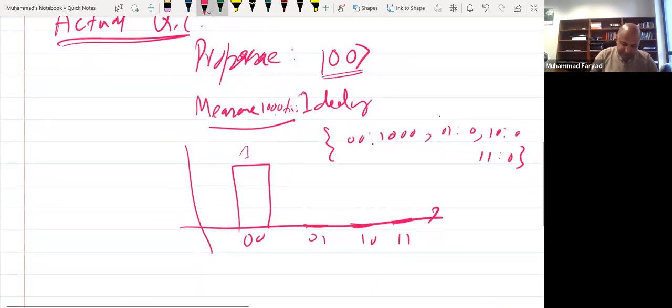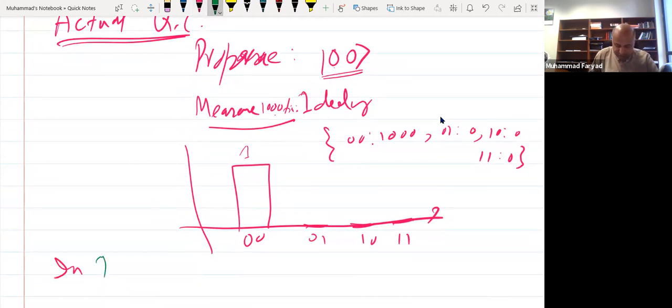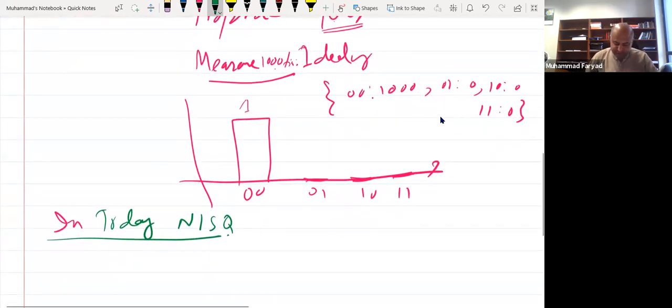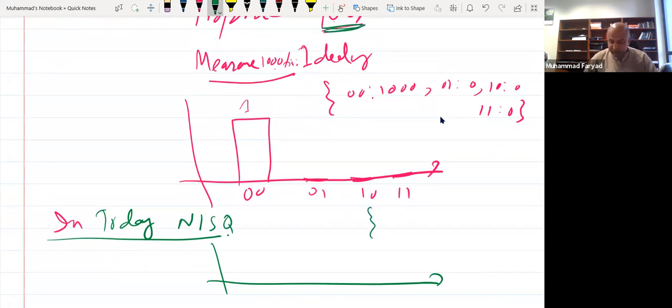In practice, in today's noisy intermediate scale quantum computers, what we actually get is this: even if we have prepared the state in 0,0, we might get 0,0 let's say 990 times, and 0,1 perhaps 4 times, and 1,0 perhaps 5 times, and 1,1 perhaps 1 time.